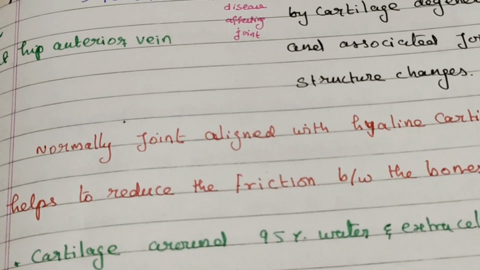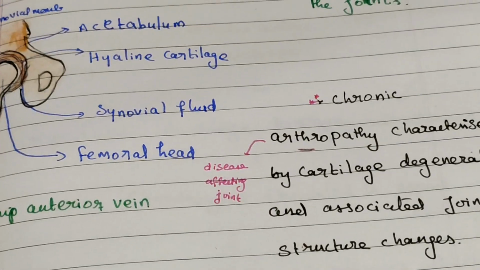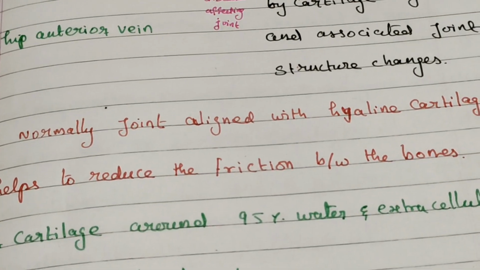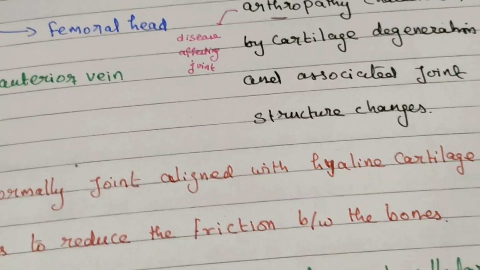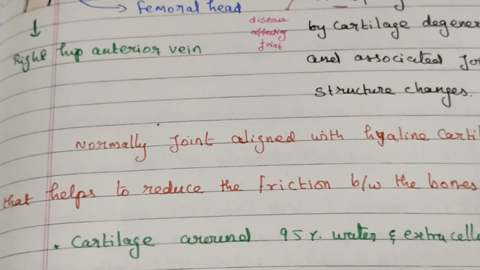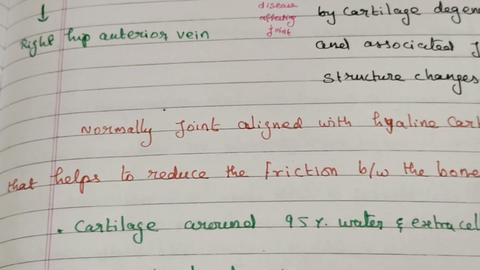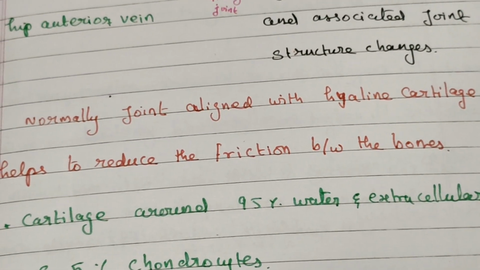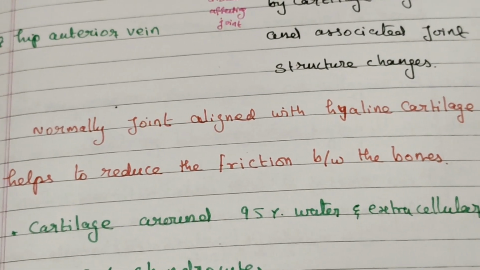Normally a joint is lined with hyaline cartilage. A normal joint has hyaline cartilage that helps to reduce the friction between the bones. So what is the use of hyaline cartilage?